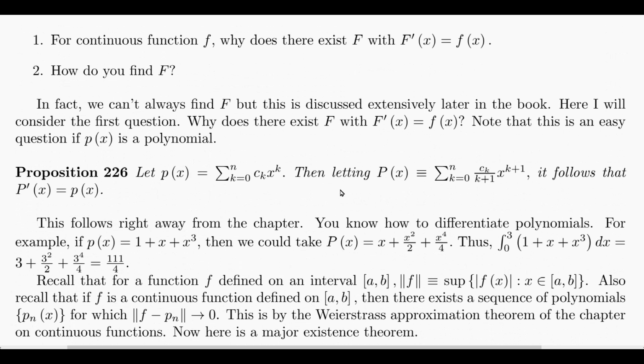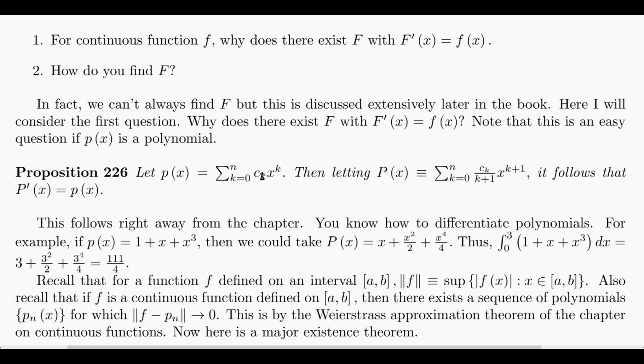Okay, there's one class of functions that is particularly easy to take antiderivatives of, and that is polynomials. So if you have a polynomial, then you can say, well, let capital P of x be this. And it follows then that the derivative of capital P is little p. You remember how you do it. You bring down this exponent here and take x to the 1 less.